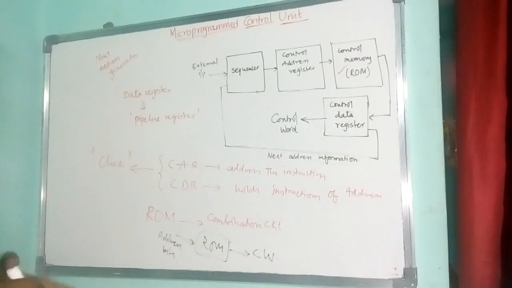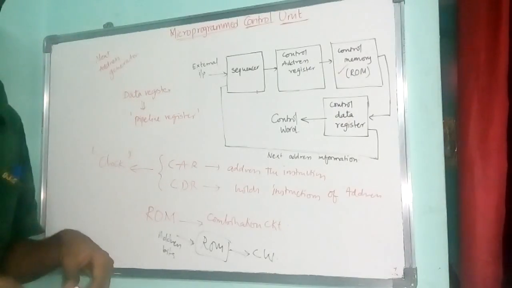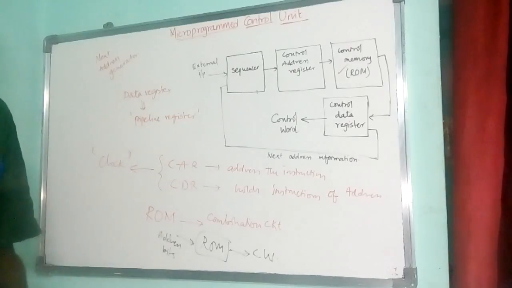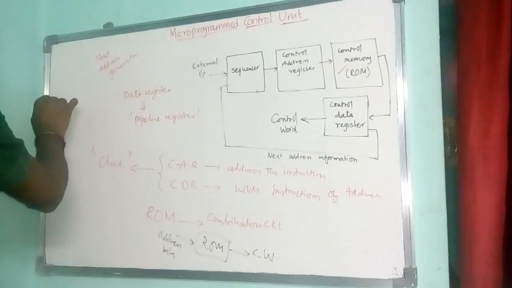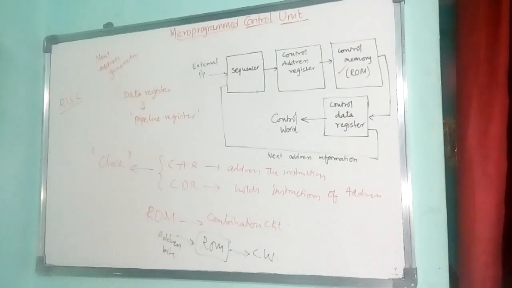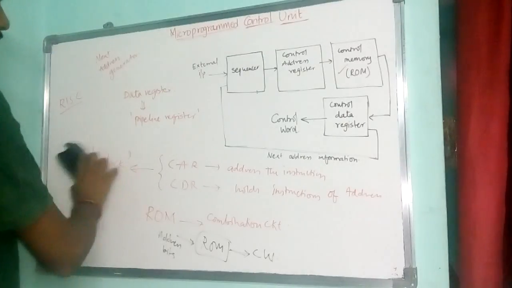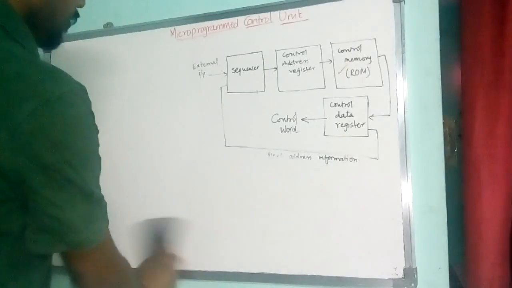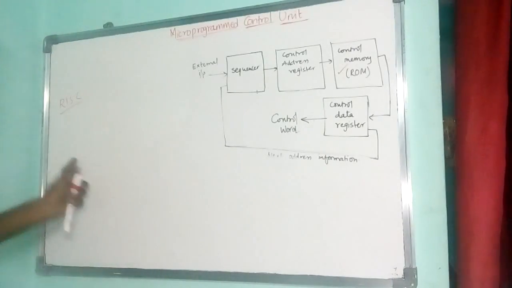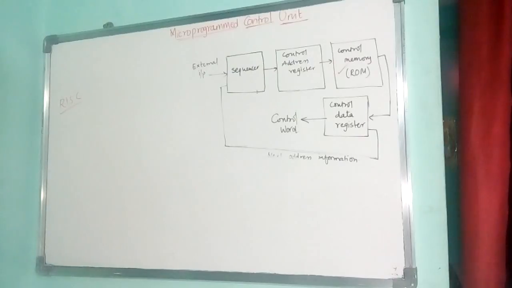Now, this is all about the microprogram control unit, or the CISC type of design of control unit. Whereas the RISC type of control unit is the reduced instruction set control, that means reduced instruction set architecture or computer. Here we don't have more instructions. There will be fewer instructions and the length will be variable. Most of the computers employ this type of instructions.